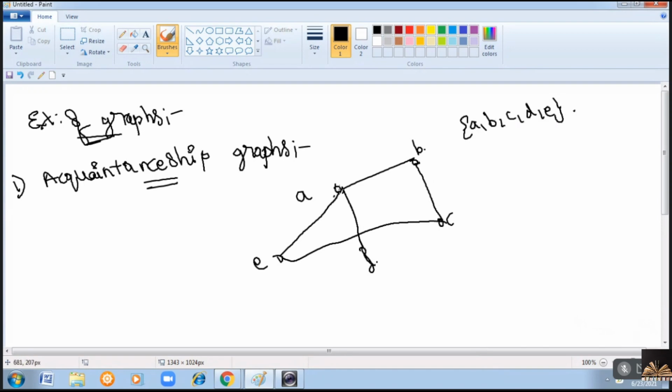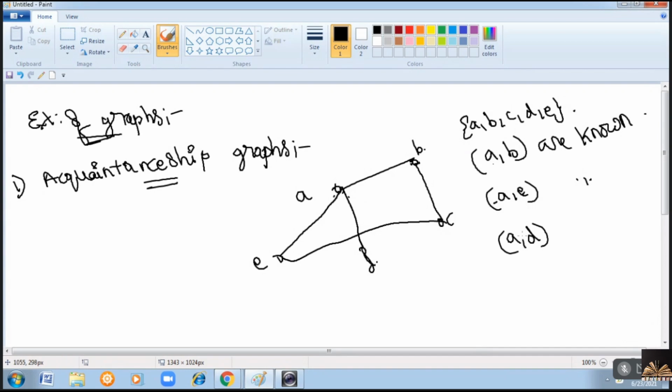Now whenever you have an edge from one vertex to another vertex, in this case from the person A to the person B, it means that A and B are known to each other. Similarly, from the vertex A we have one more edge to E, which means A and E are known to each other. From A you have an edge to D, so A and D are known to each other.